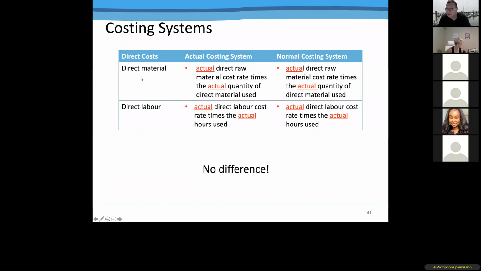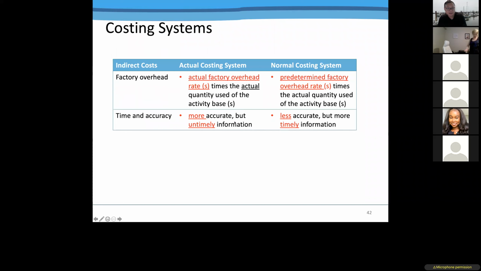In terms of direct materials and direct labor calculation, there's no difference. But in terms of the indirect costs, the manufacturing overhead, for a normal costing system we use a predetermined overhead rate multiplied by the actual quantity used for the activity base.